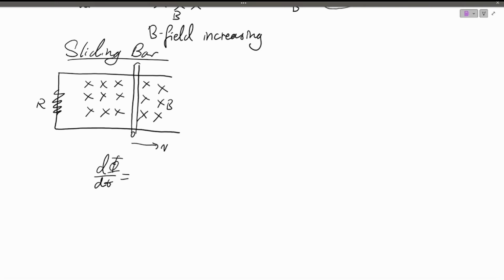Well, B field is constant this time, so we're just looking at dA dt. And if we call this length L, that's just BL dx dt.